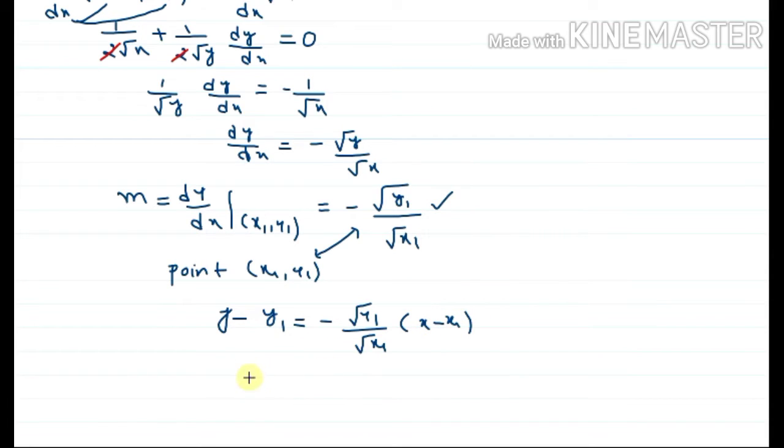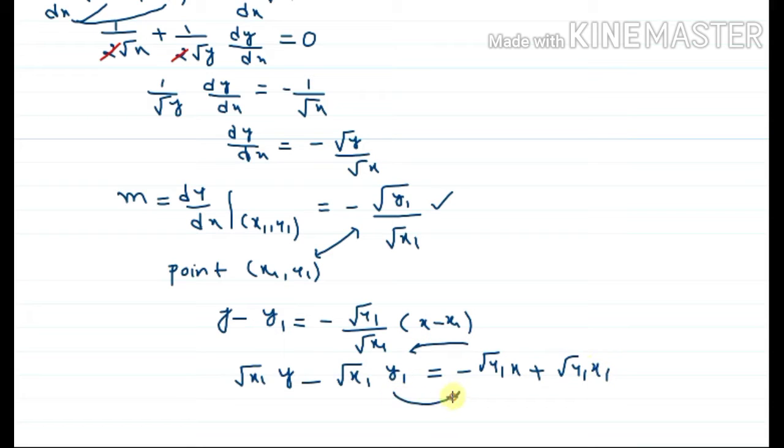Cross multiply, you will get root x1 into y minus root x1 y1 is equal to minus root y1 x plus root y1 x1. Bring this term to this side and this term to this side.